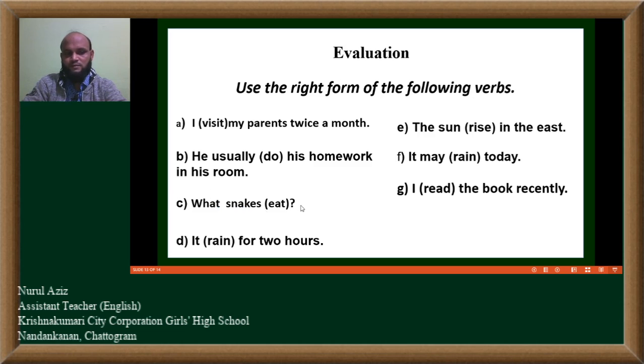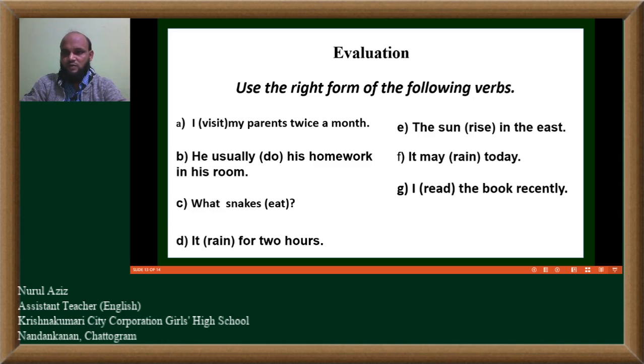What snakes eat. There is an interrogative. That is why you have to write a do verb as auxiliary. So, what snakes eat? Snakes is in plural form.